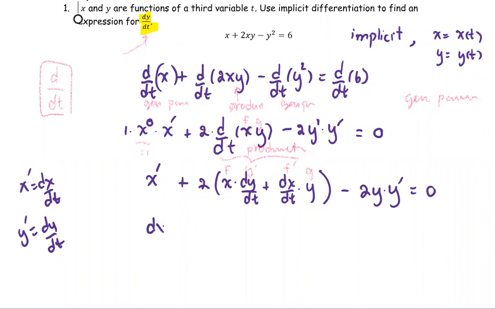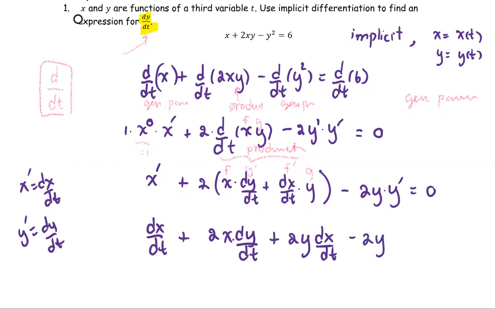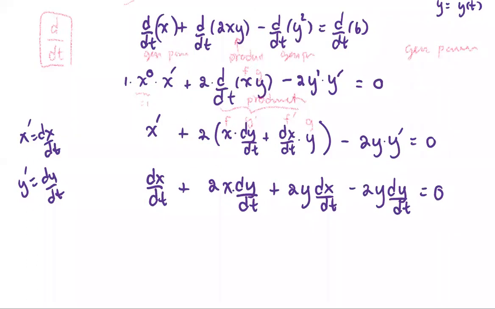So this is dx dt plus 2x times dy by dt plus 2 times y times dx dt minus 2 times y times dy by dt equals 0. And we are going to find dy by dt. So far, the first part of the implicit differentiation is done. The next step in the problem asks you to find dy by dt. Look for dy by dt right here, and dy by dt right there.